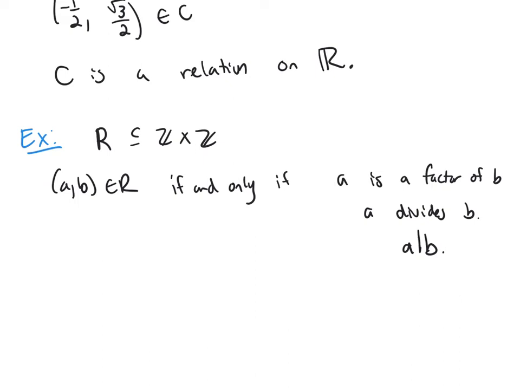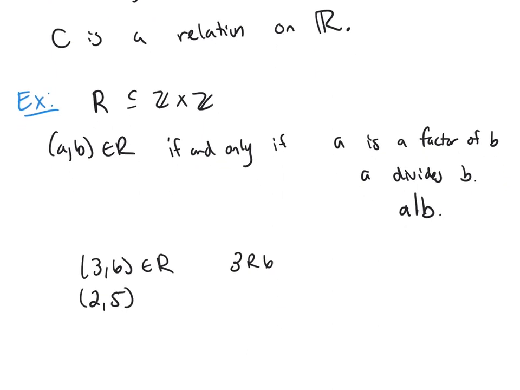So let's see if we can figure out some elements that are in this relation. Well, I know 3 divides 6. So (3, 6) is in my relation. 3 is related to 6. What about (2, 5)?